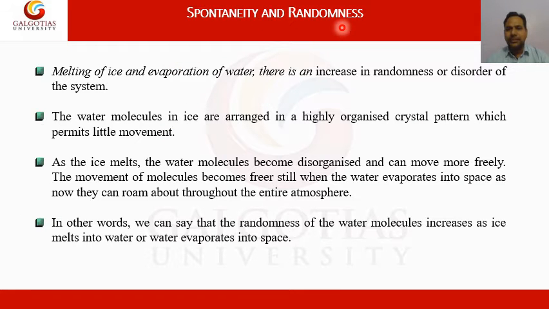Spontaneity and randomness. So melting of ice and evaporation of water involve an increase in randomness, meaning disorder of the system. The water molecules in ice are arranged in a highly organized crystal pattern which permits little movement.